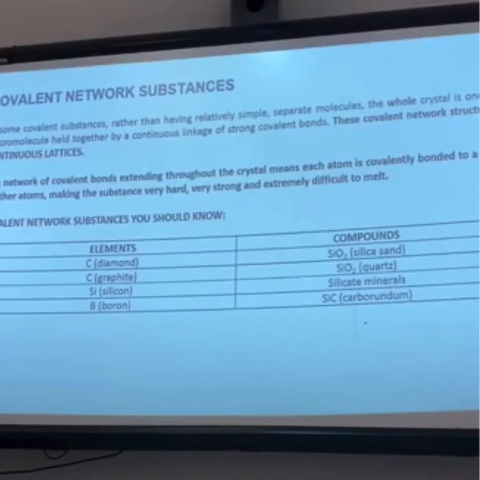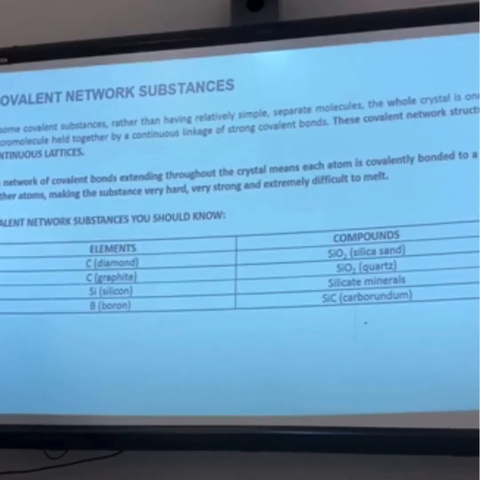As you can probably imagine, that would be super strong with a really high melting point. So there are two different types of covalent compounds. One is covalent molecular, which is where we have our van der Waals forces between molecules. The other is covalent network, which is just one big thing full of covalent bonds only.